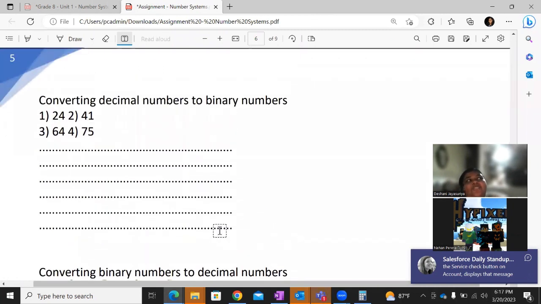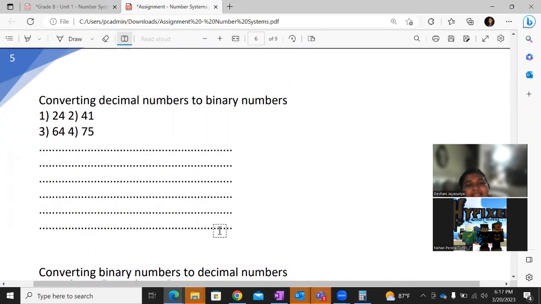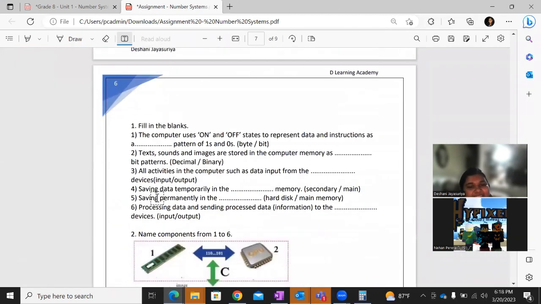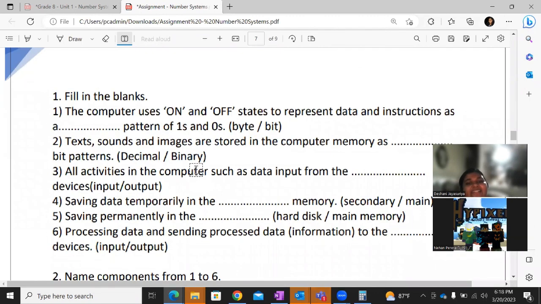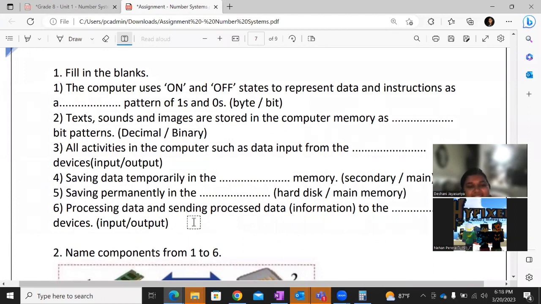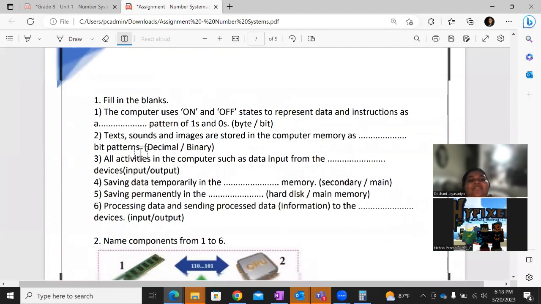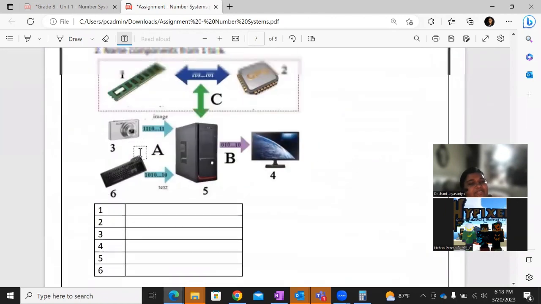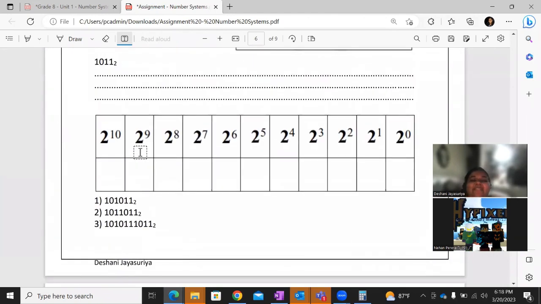There are activities here in this PDF, so easily you can do those. And there are some questions here. This is a first term test question that I have added about this, on, off, and all of them. We'll discuss these things together. I think you might need me for this one, or else if you can definitely do it. If you are comfortable, try to do as much as you can.